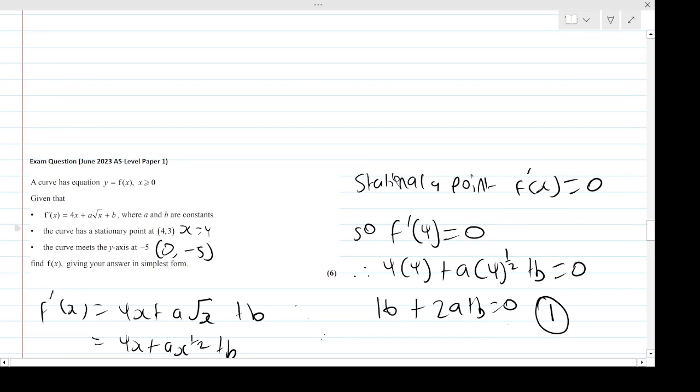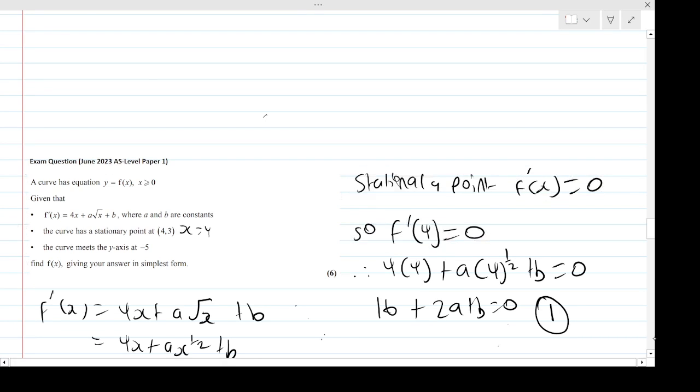Now we just need to find a and b. That's all the bullet points. But, hopefully you did notice this, not only is this point a stationary point, it's just a standard coordinate. That point also lies on the curve, so we can substitute that point in as well.